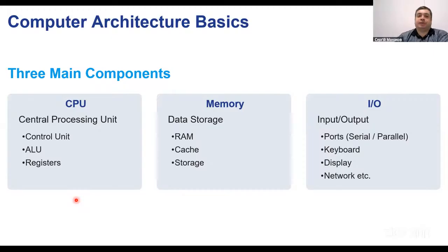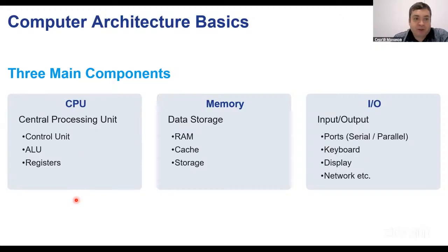Next, let's consider the computer architecture basics. Every computer has three main components: the CPU, or central processing unit, the memory subsystem, and the input-output subsystem.